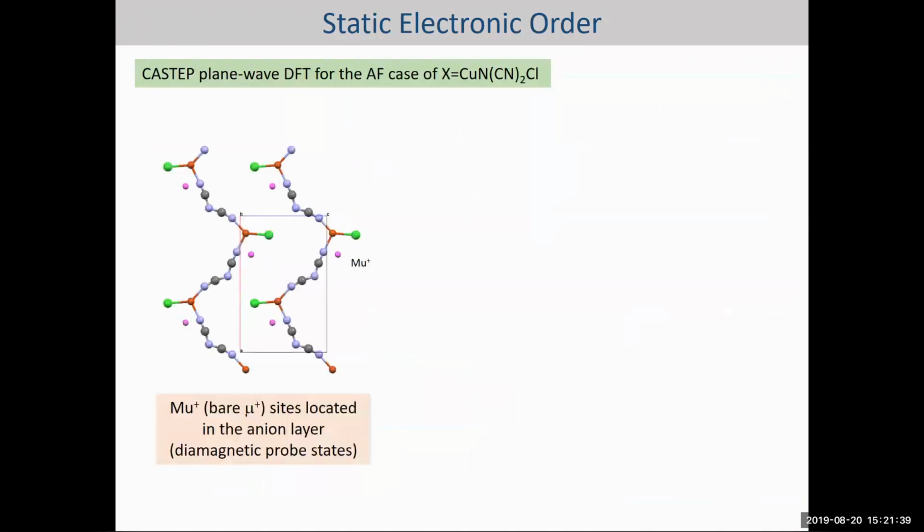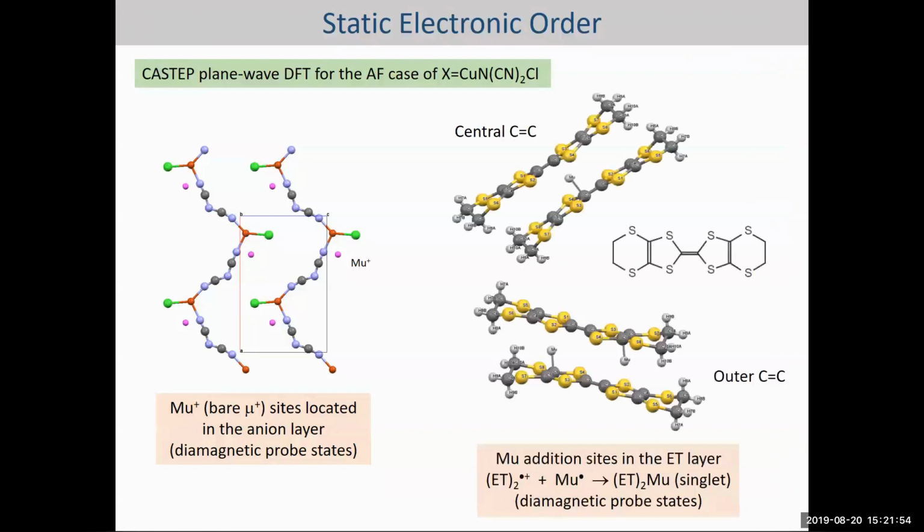What one finds is that if you take mu+ sites, they will locate in the anion layer, where you have the negative charge, and these will give you some diamagnetic probe states. But you have another possibility. If you have muonium addition, it can then pair up with the spin that's already on your dimer, and then you'll have another way of getting a diamagnetic probe state where the muonium is chemically bonded to the molecule.